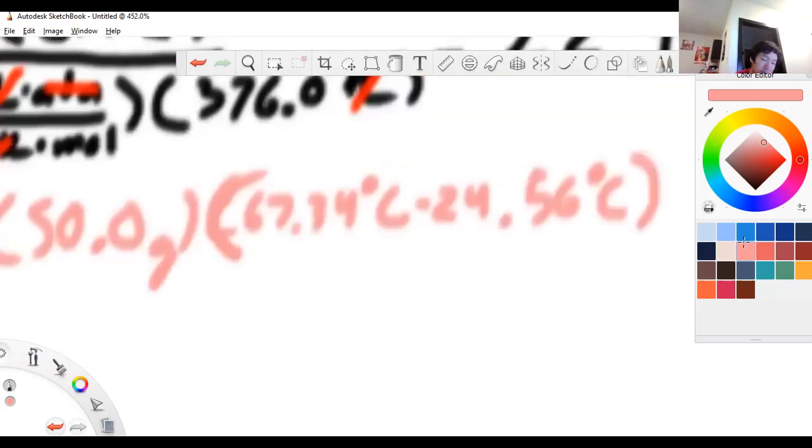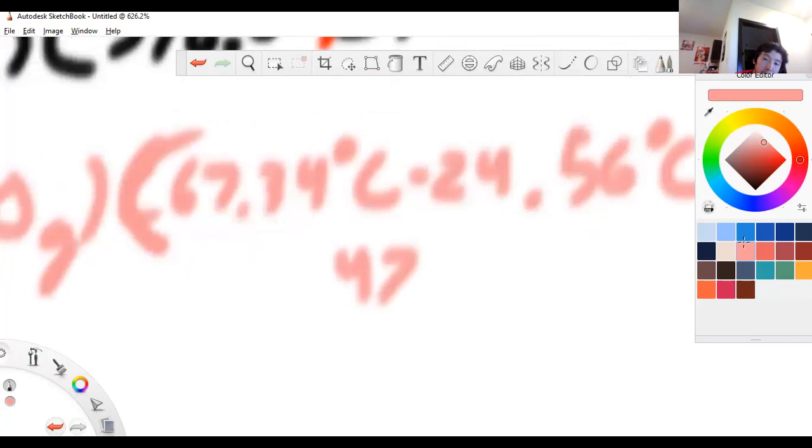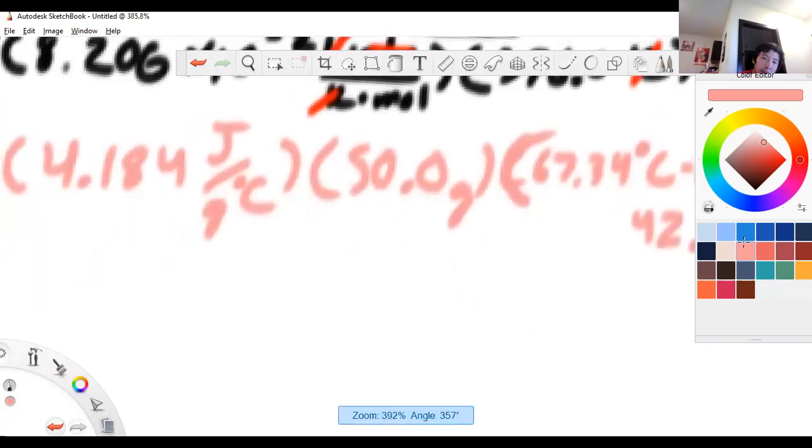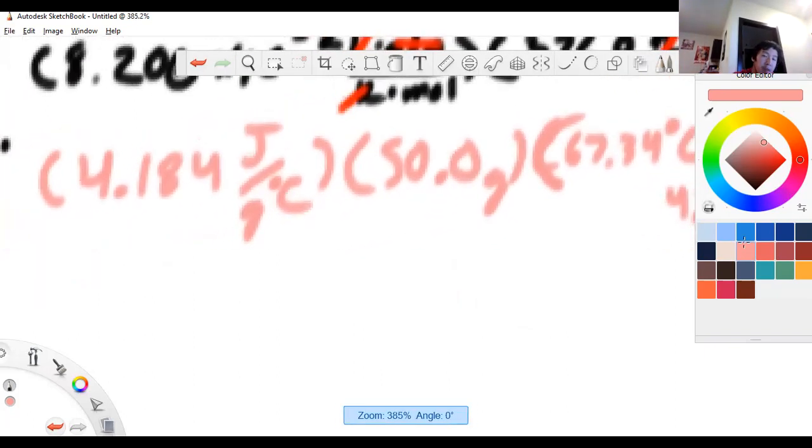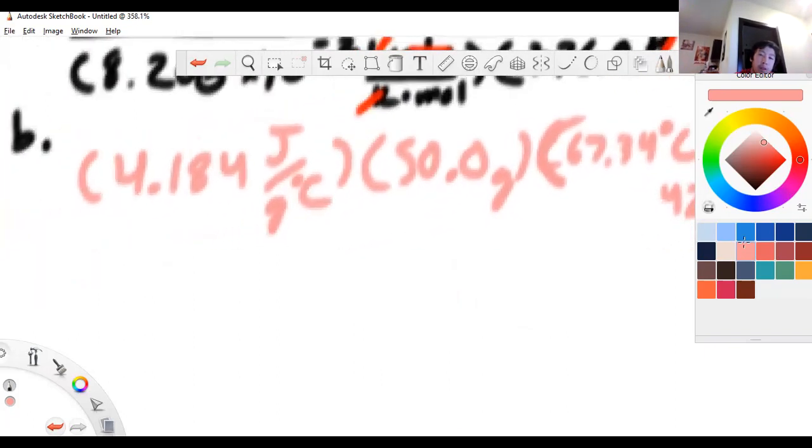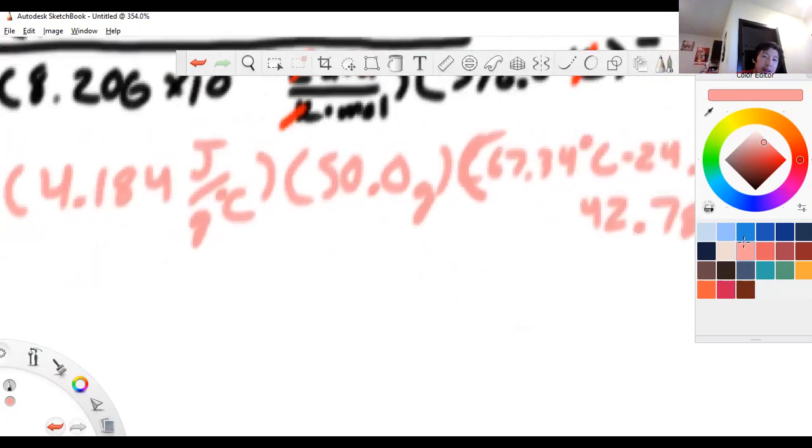So first, 67.34 minus 24.56, both have 2 decimals after the point, gives us 42.78. That's 4 sig figs. 50 here has 3 sig figs, and our specific heat of water, 4.184, has 4 sig figs, but we're going with 3 sig figs.